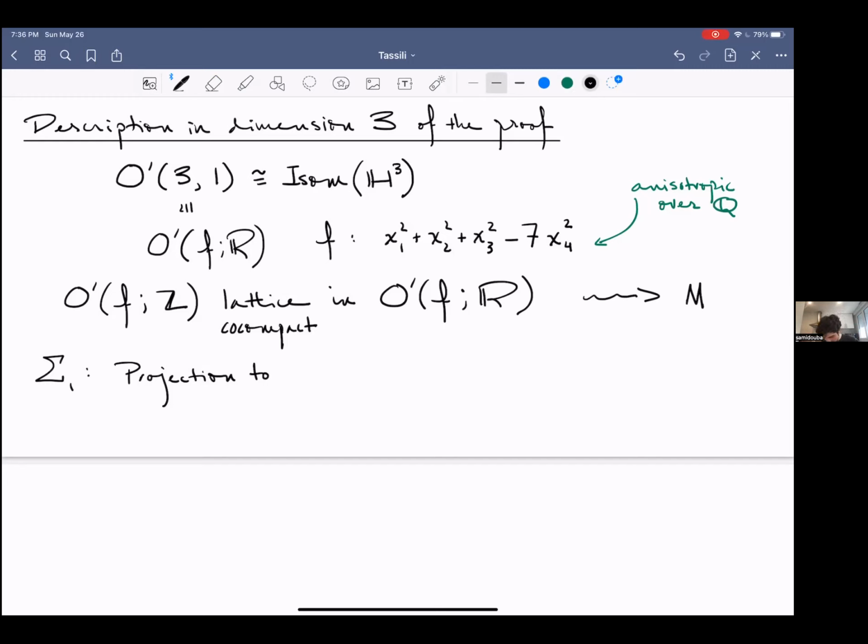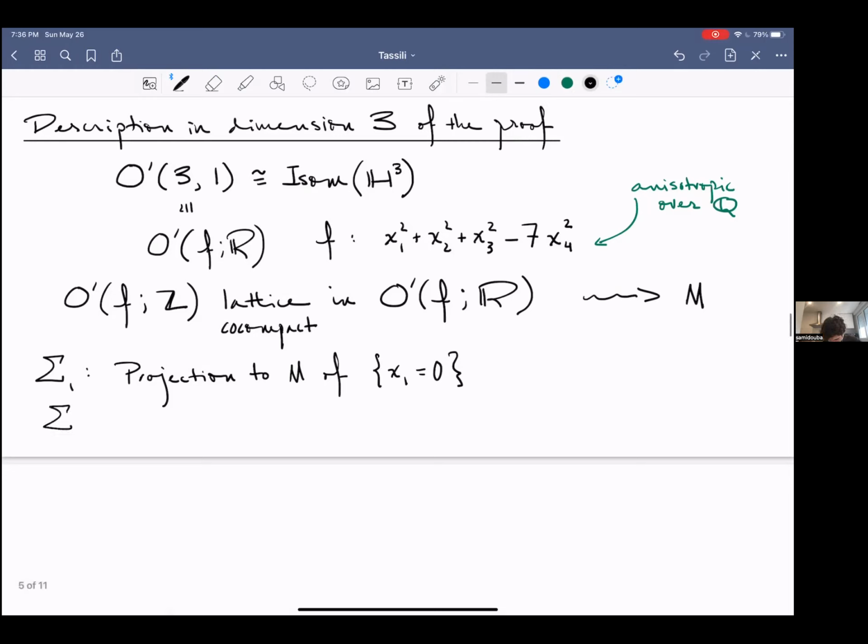But sigma 1 will be the projection to M of this linear hyperplane, which gives you a geodesic hyperplane in H3. And again, this projection will be compact for the same reason that M was compact.